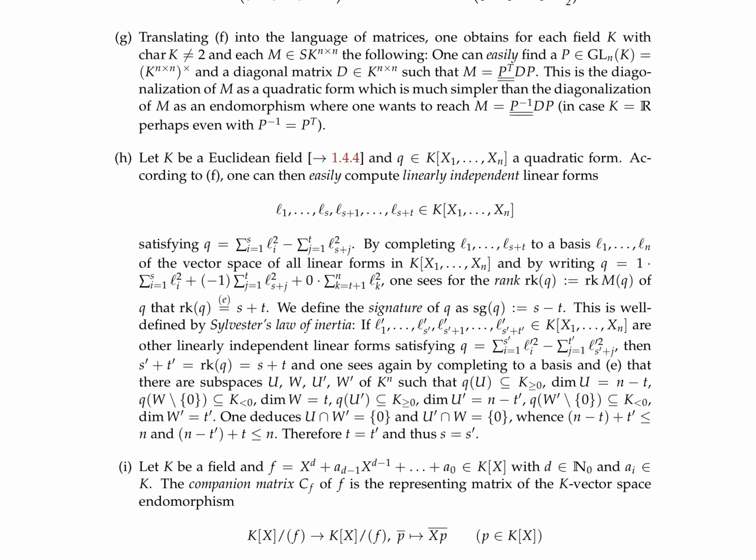They don't depend on such a representation. They are unique, and we call s plus t the rank, and that's actually the rank of a representing matrix. And we called s minus t the signature, right? So signature and rank together give exactly the information on s and t.